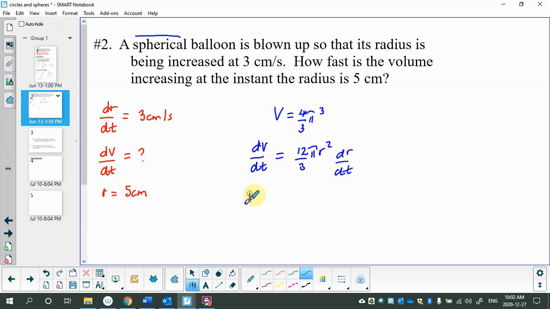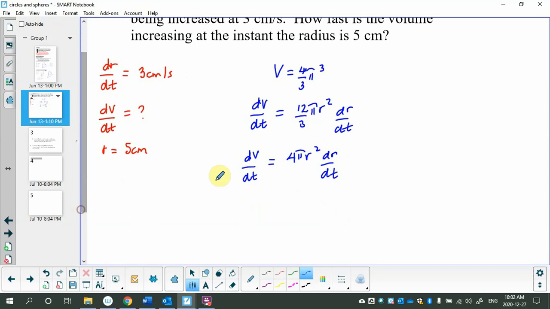And hopefully you can do this in as many or as few steps as possible, because 12 divided by 3 is 4. And now we can put in the values. So dV by dt is our question mark, staying unknown. 4 is 4, pi is pi, r is 5 squared, dr by dt is 3.